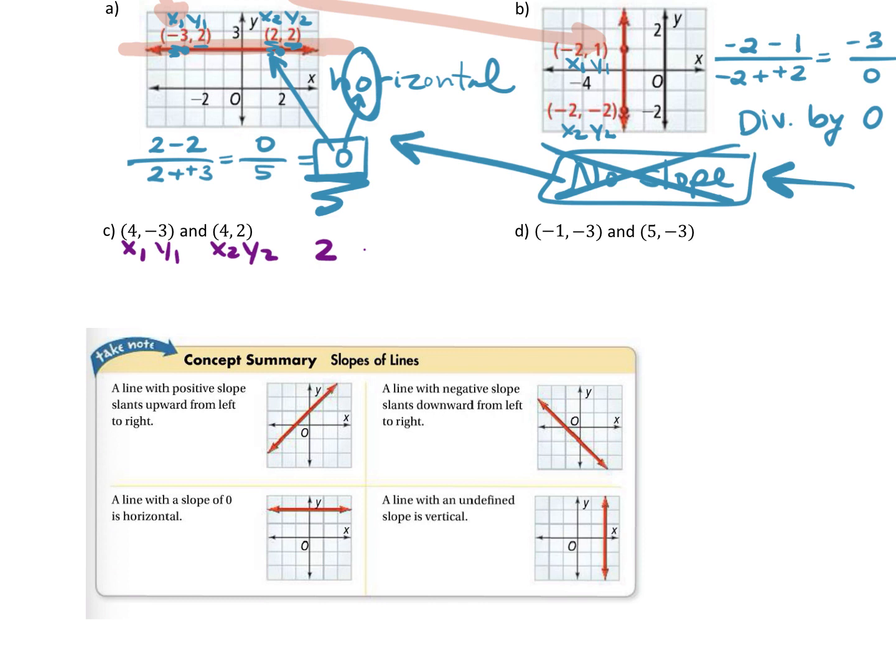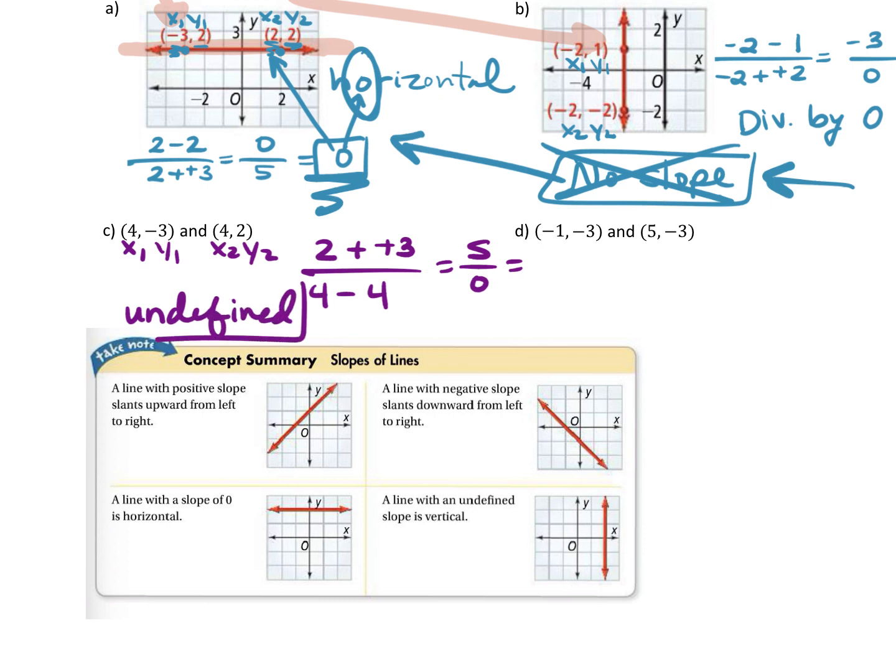You're going y2 minus y1 over x2 minus x1. So 2 plus 3 is 5. 4 minus 4 is 0. What is 5 divided by 0? It's undefined. It's an error if you plug that in, right? So this is undefined.